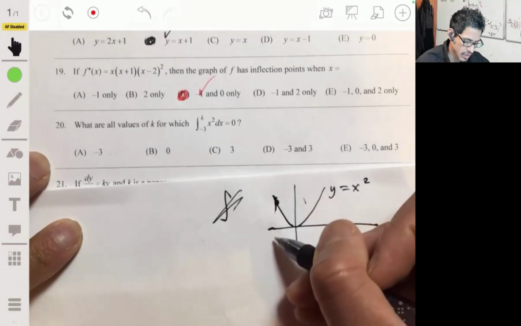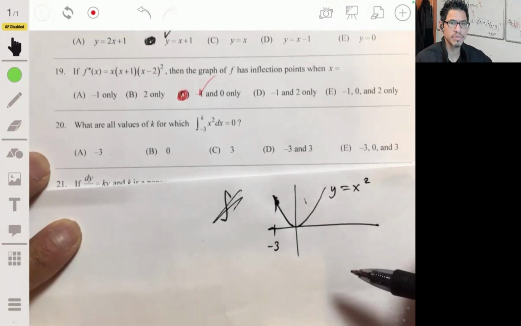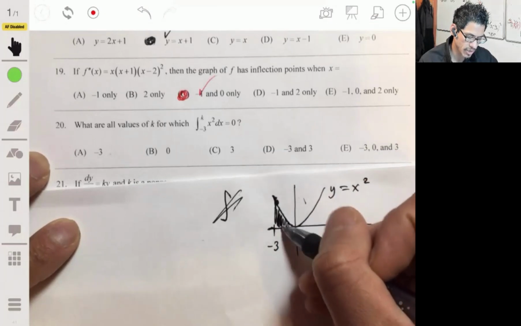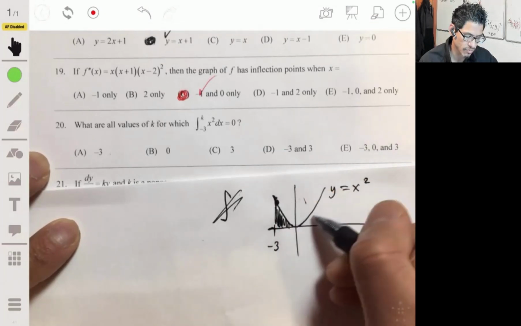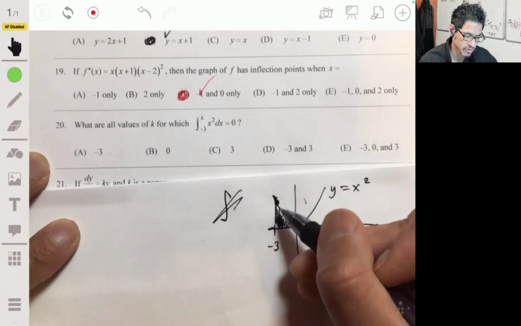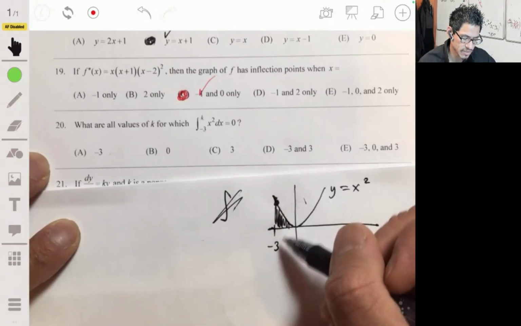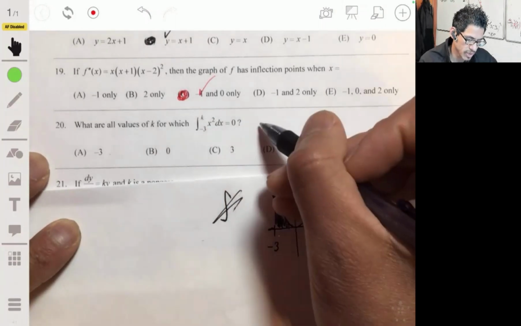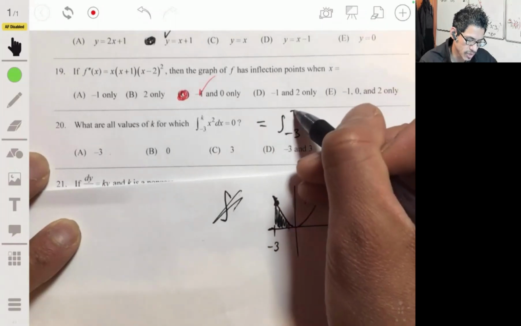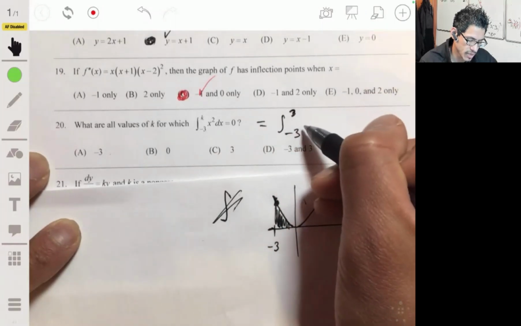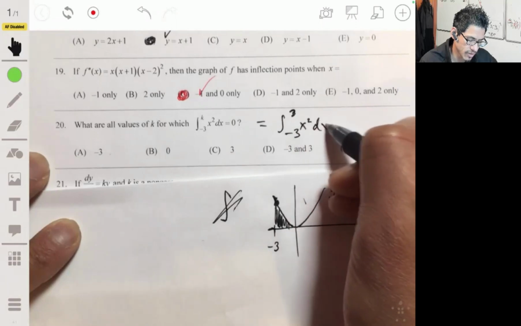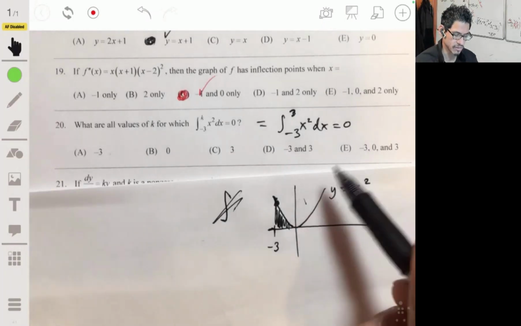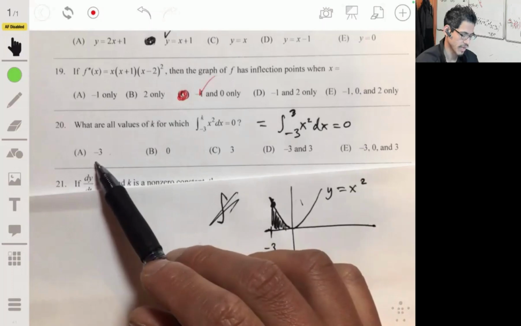At -3, something like that, it would be 0 when this area could cancel out with area below the graph, but the graph of y equals x squared is always positive. So the only value that's going to be 0 is if it integrates just to itself, which is basically because there's no area. So this would only be when it would be from -3 to 3, because you're essentially, again, finding the area of nothing. Yeah, so then it would just be A.